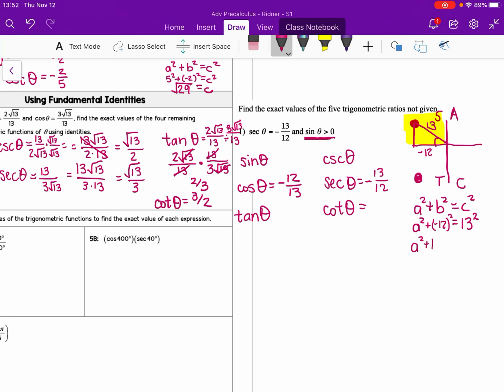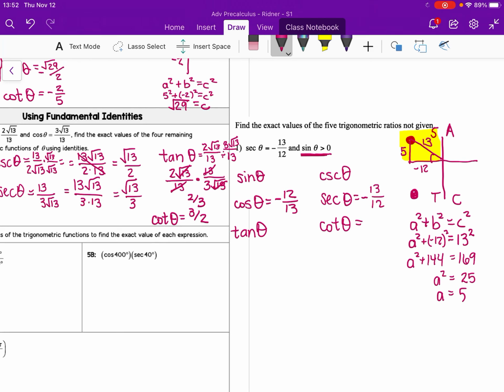Okay, so a squared plus 144 equals 169. A squared equals 25. So a must equal 5. Well, that makes life easy. No square roots or anything that I have to rationalize.